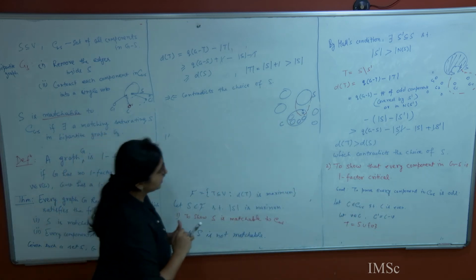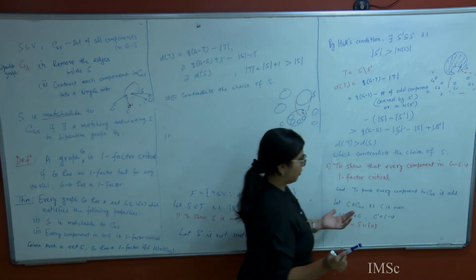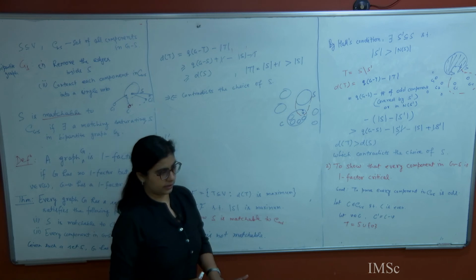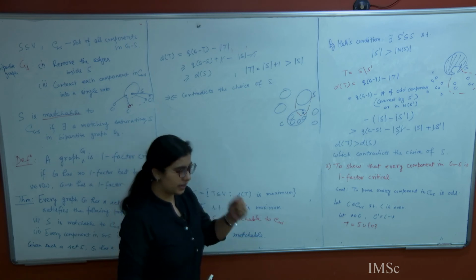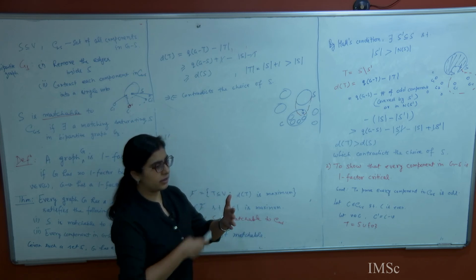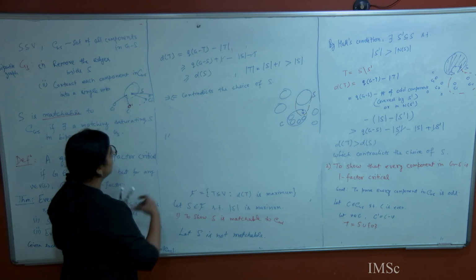Now, the last part is we want to show that every component is odd, but it is one-factor critical. That means, if I remove any vertex from any component, then it has a one-factor. We want to show that.